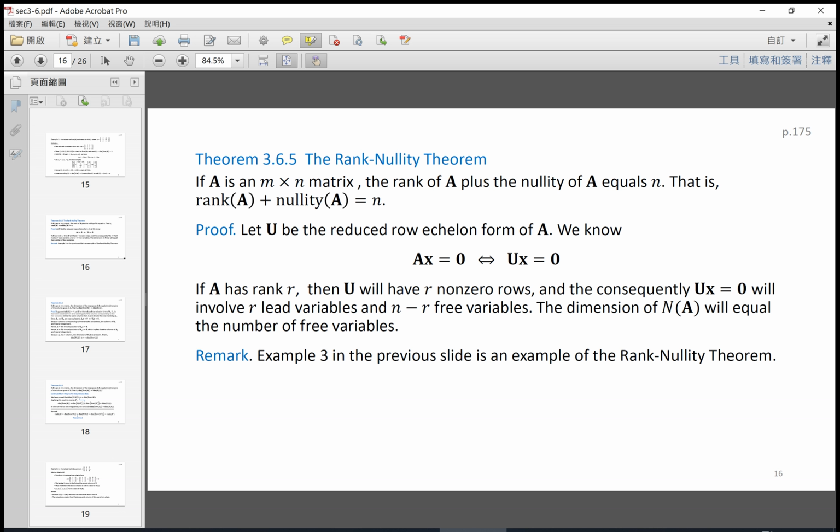And thus, the dimension of the null space of A will equal the number of free variables, which is n minus R. Therefore, rank A plus nullity A is R plus n minus R, which equals n, and n is the number of columns. Example 3 is a great example for illustrating the rank nullity theorem.